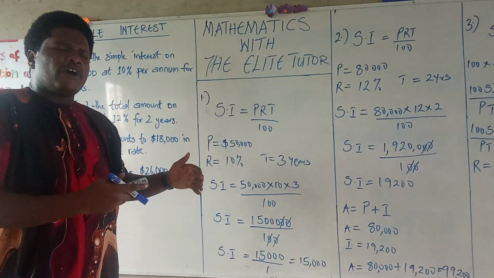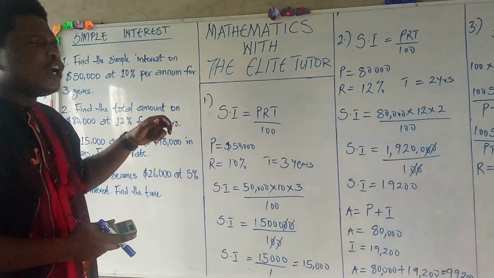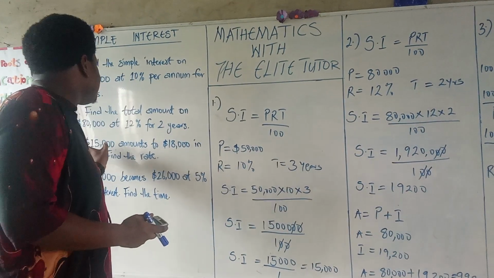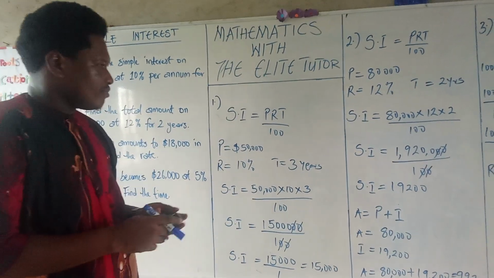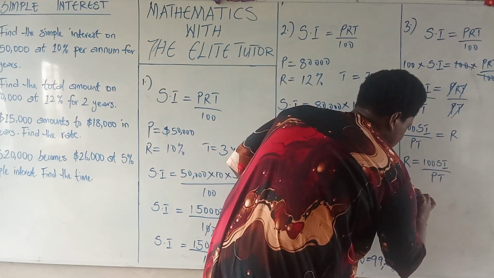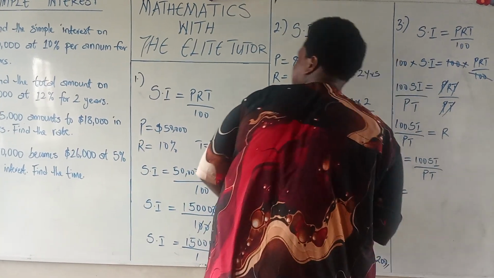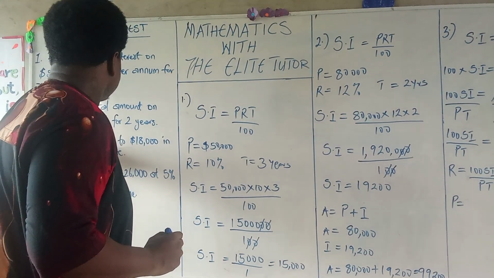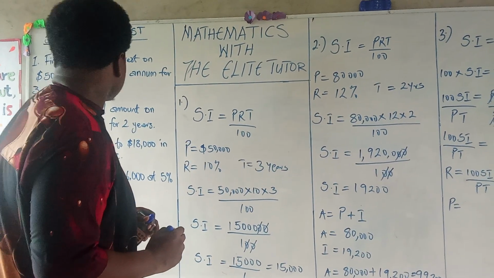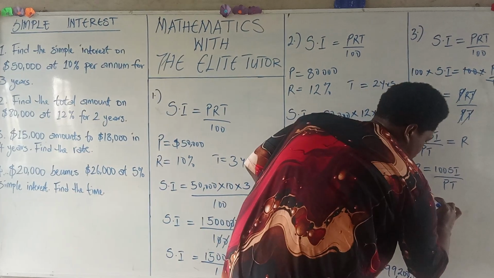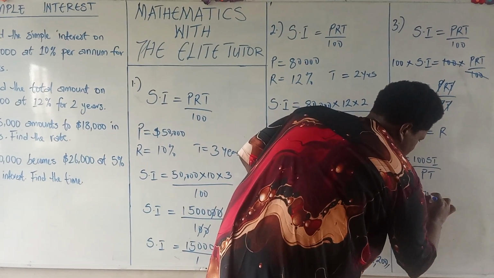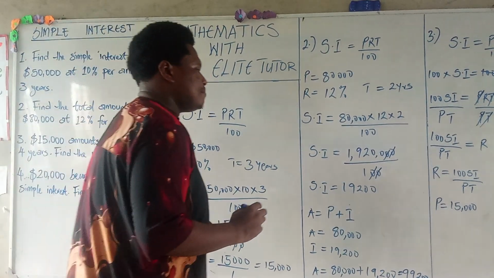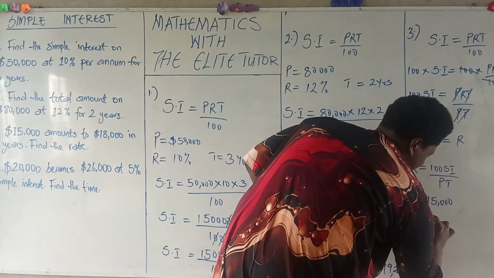So in that duration of 4 years, there has been an addition of 3,000 naira to the principal, which is $15,000. So our principal here will be $15,000. Our time will be 4 years.